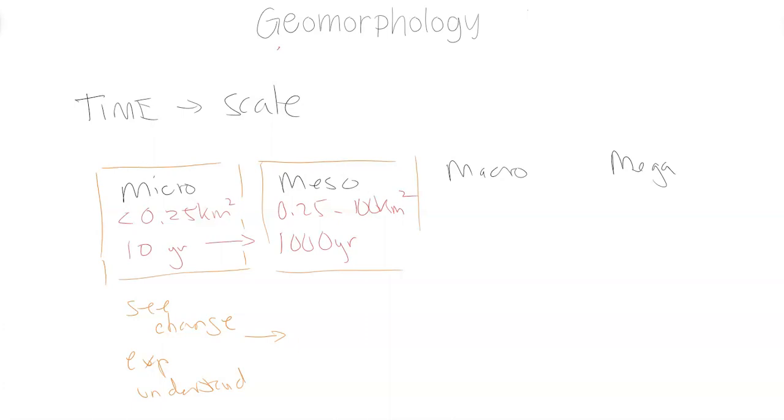Then we get the macro. The macro is looking at a much larger area, so 100 square kilometers up to 1 million square kilometers, which can involve multiple climate zones, multiple elevations, multiple different landforms as a whole, even a whole country.